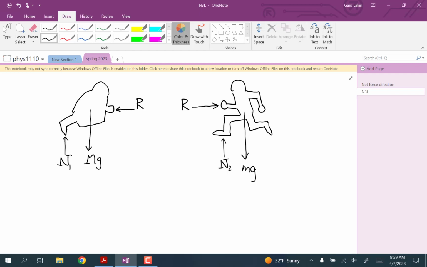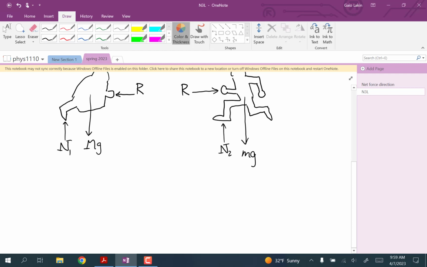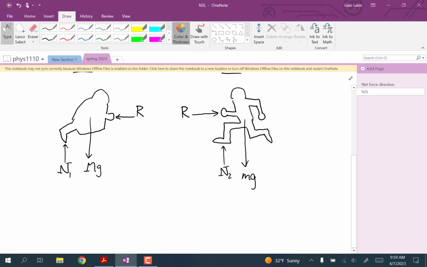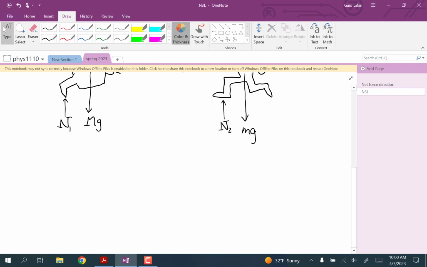Okay, so now if we want to understand why there's such a difference in effect that this force has on the two players, we have to go to Newton's second law. So let's think about the X component of Newton's second law for these two players, and I'm going to ignore the directions for now.